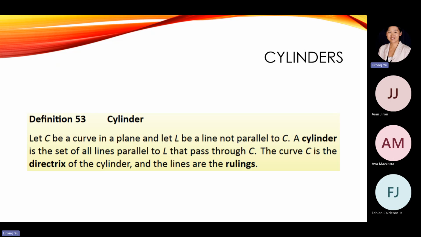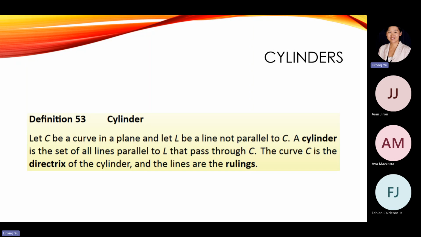But here, by definition of cylinder, you have to have a curve C. A curve C is a curve in a plane, and then you have the direction of the cylinder. We call it L. L is a line not parallel to C. For the most part, L and C could be perpendicular. So the L could be like this, and the C could be like this.